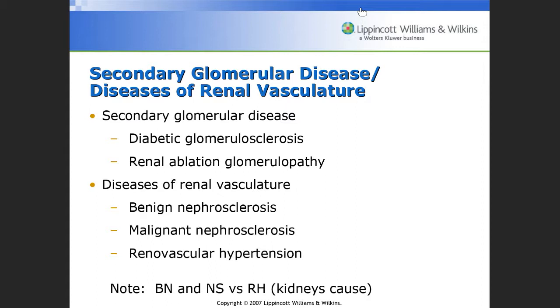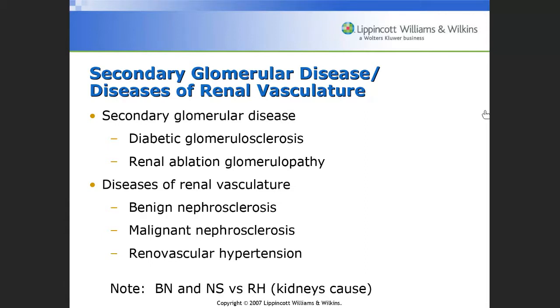The thickening of the walls. Yeah, the thickening of the blood vessel, like the onion skin, right? So in malignant nephrosclerosis, due to renal hypertension, you will see exactly that.